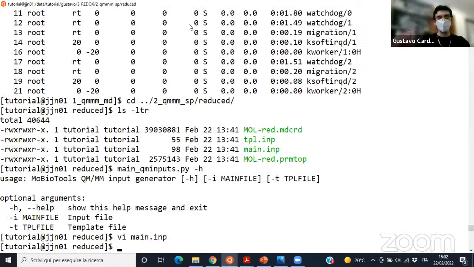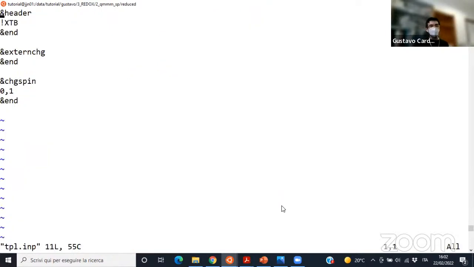The second one is this tpl.imp, which is kind of a template file for the QMMM, which has the same syntax as what you would actually do for a specific input file. Of course, the advantage of this method is that it is going to generate 100 input files, changing the geometries and the point charges, and most of the other settings are going to be kept.